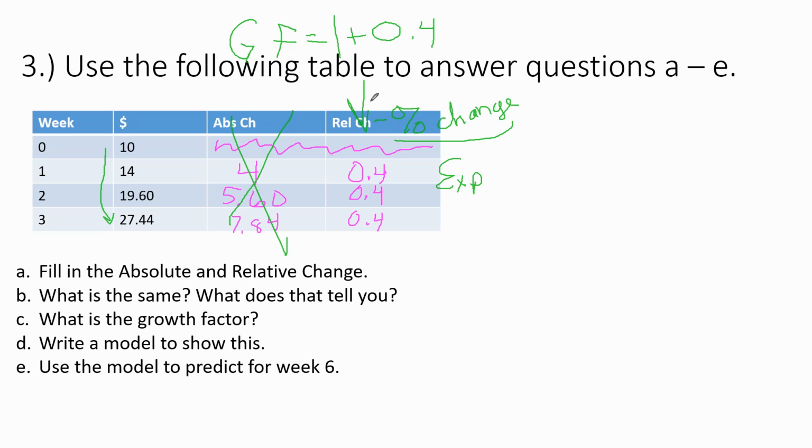So whatever is in the relative change column, if you have an exponential model, you're either going to add that or subtract it from 1, depending if it's positive or negative. Does that make sense? Yes. So that gives us a growth factor of 1.4.